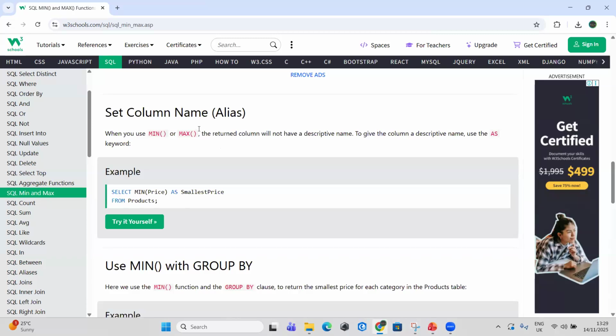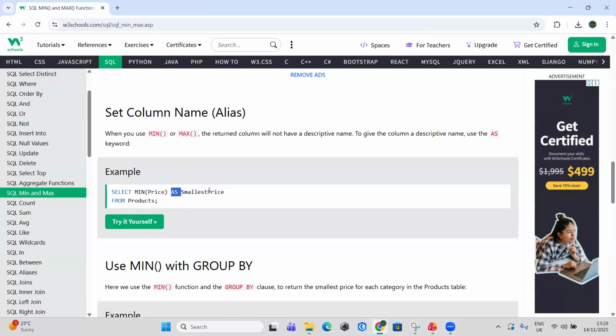Now, if I want to define a new tag name, what this means is, whenever I write this SQL query, I am writing minimum in brackets price, select this from products.